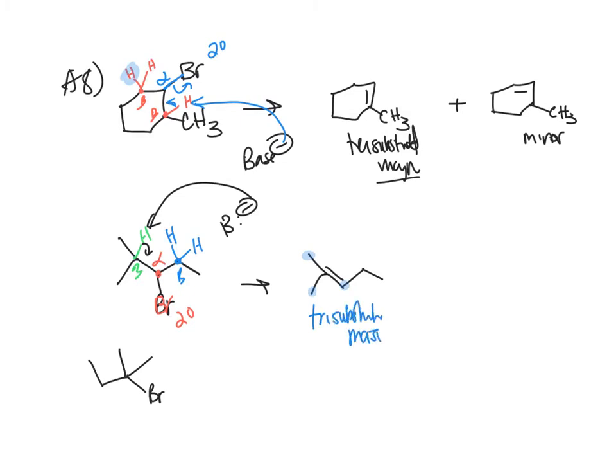That's going to be your major. If the base took this hydrogen and you drew that product, you would see that this is 1, 2. That's a di-substituted, and that would be a minor product. And I always ask you for your major product. But if Sapling asks for both, then I want you to do both.